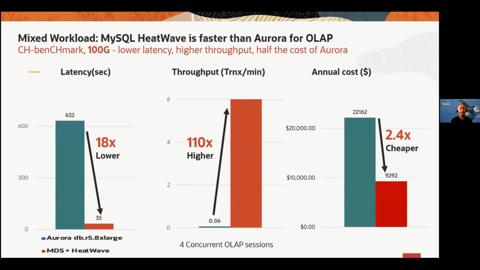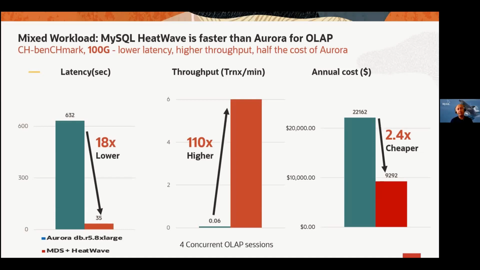Even on 100 gigabytes, if you take the OLAP portion of this mixed workload, we find that HeatWave is 18 times faster, has 110 times the throughput, meaning 110 times the number of transactions compared to Aurora, at 42% of the cost. Much faster, much higher throughput, much lower cost than Aurora.